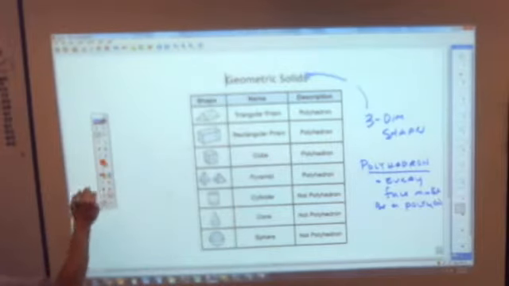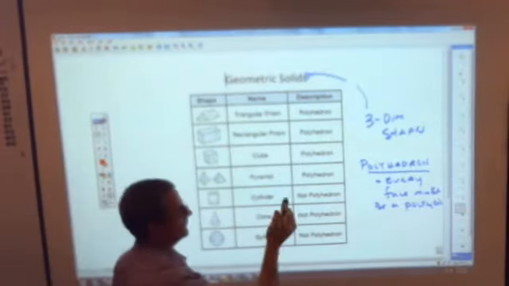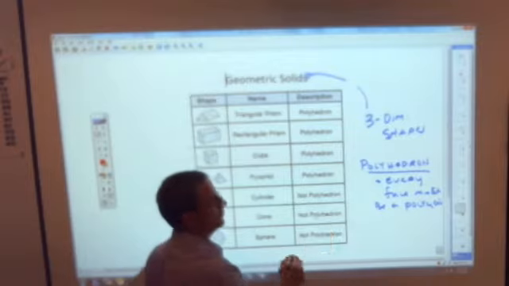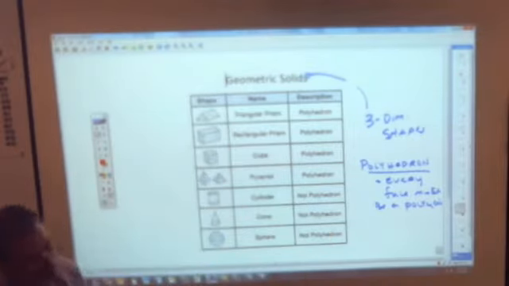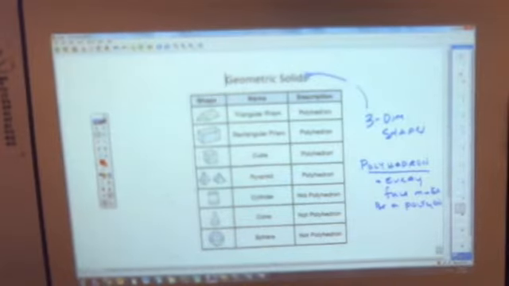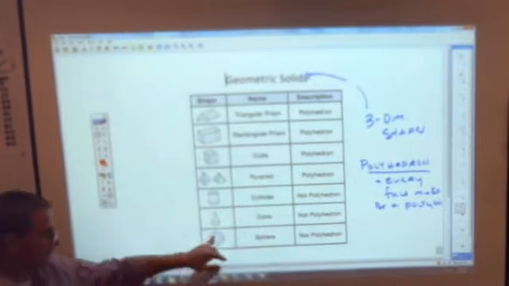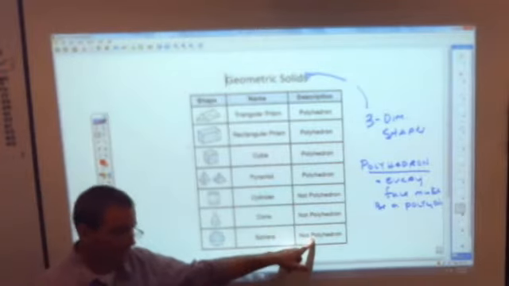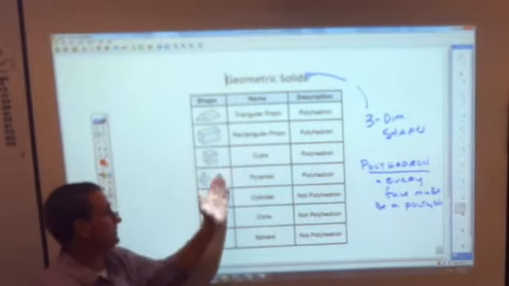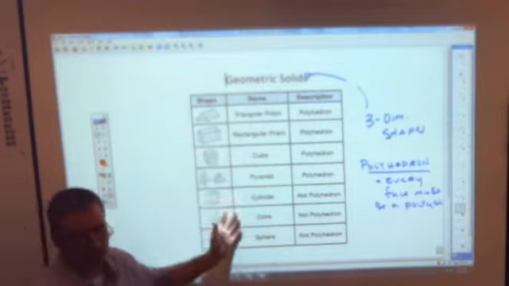So if you look at the four that are polyhedrons, and compare them to the ones that aren't, what would be the 6th grade way to know the difference between what's a polyhedron and what's not? What do you notice about these three shapes that are not polyhedrons compared to the four shapes that are polyhedrons?